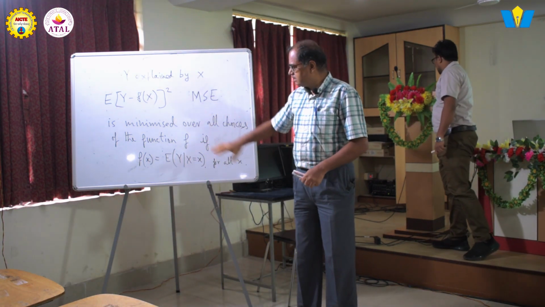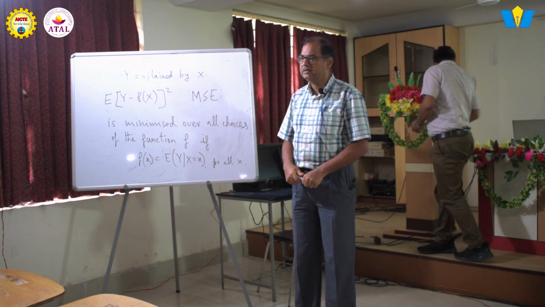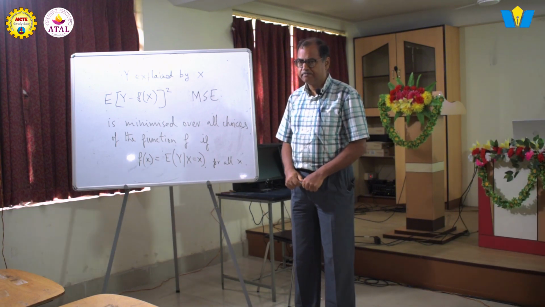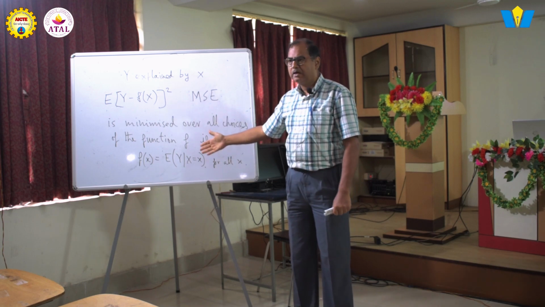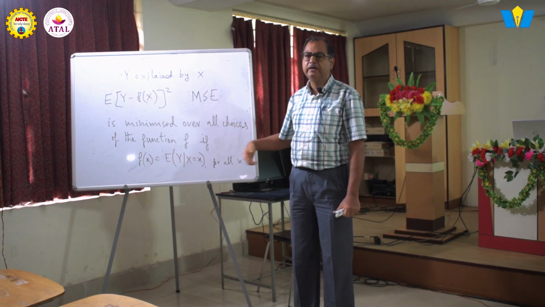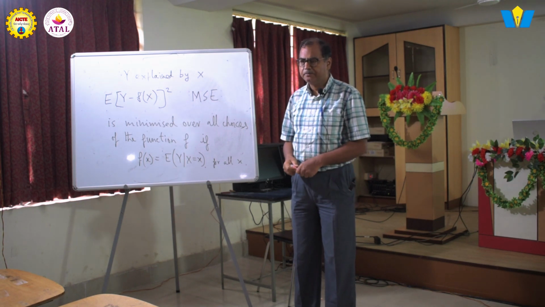That sounds somewhat mathematical, but essentially what it means is that the function that works best for approximation is this function. How is this function defined? For a particular value of x, consider all possible values of y and consider the probabilistically weighted average value.